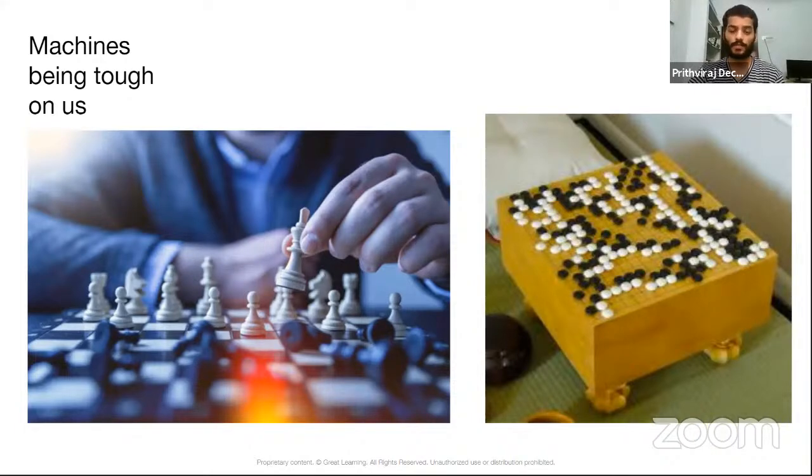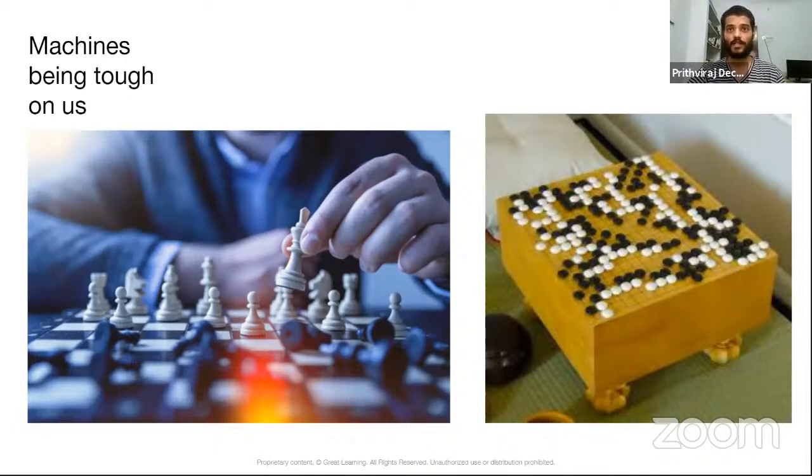This was a significantly bigger achievement than chess because Go is a much more complicated game than chess in terms of the number of possible moves at every point during the game.